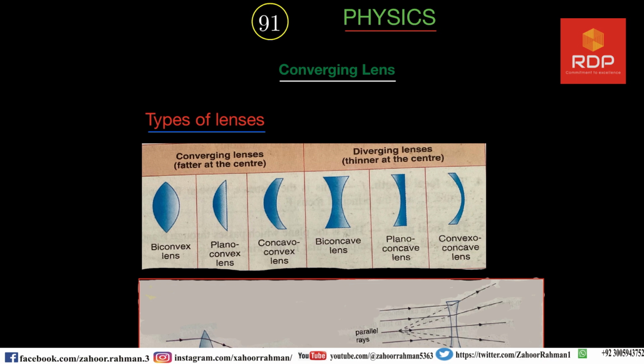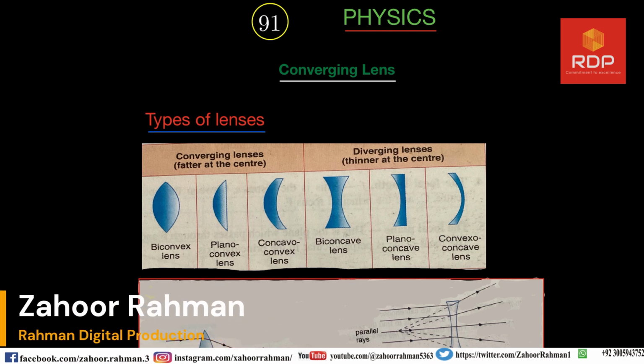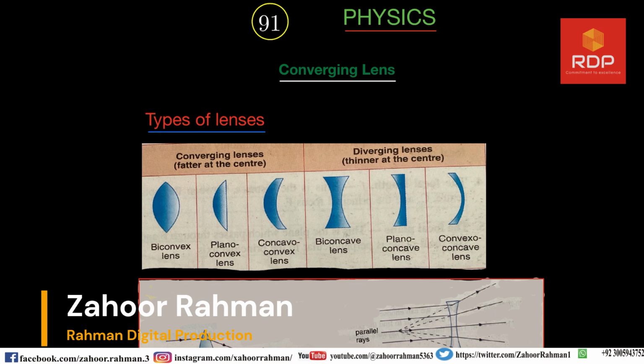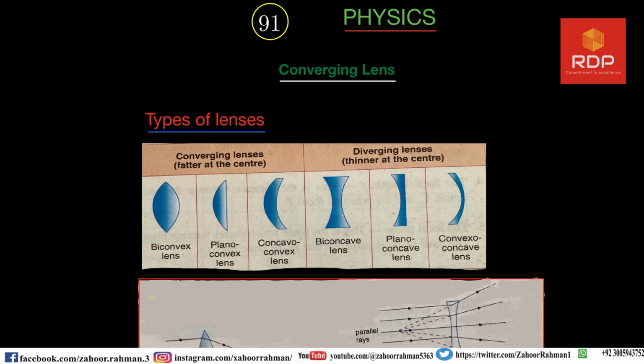They are widely used in spectacles, cameras, projectors, telescopes, and many other optical instruments. Our human eyes have two special crystalline lenses which enable us to form images.